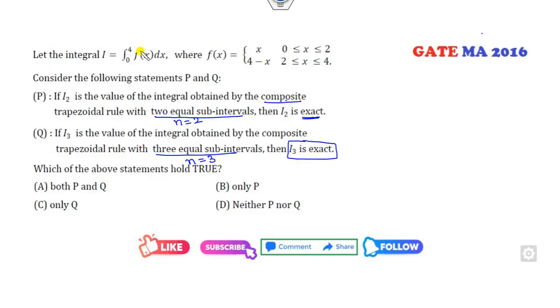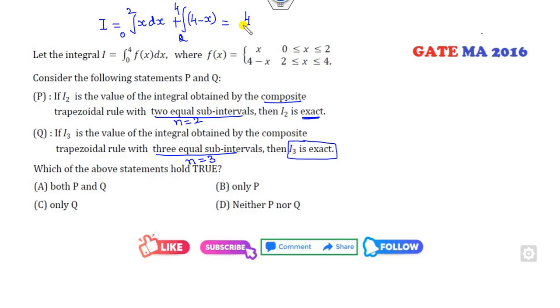What is the meaning of exact? That means if I solve the integration by the simple method, and I solve the integration by composite trapezoidal, if both are the same, then we call it exact. So firstly I can solve this integration without the composite trapezoidal. So that means it is x dx from 0 to 2 and 4 minus x from 2 to 4.